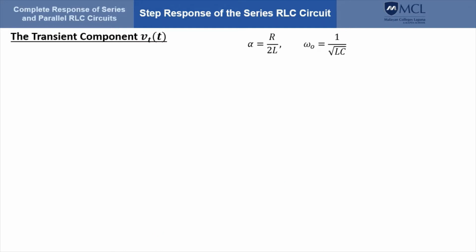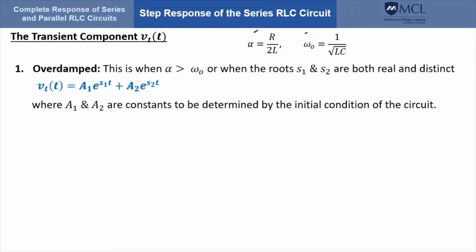So having found the roots, we can now state the transient component of V sub c. Now there are actually three types of transient components depending on the values of alpha and omega naught. The first case would be when alpha is greater than omega naught.